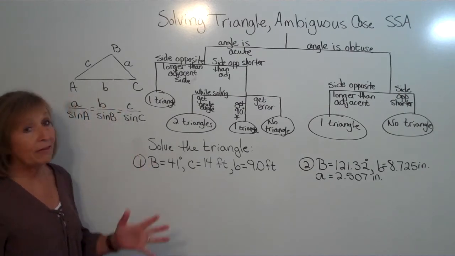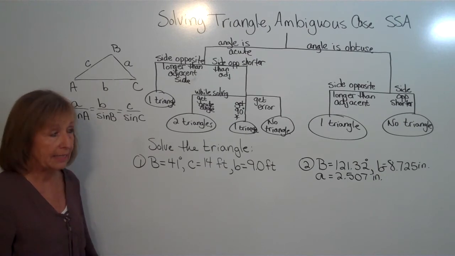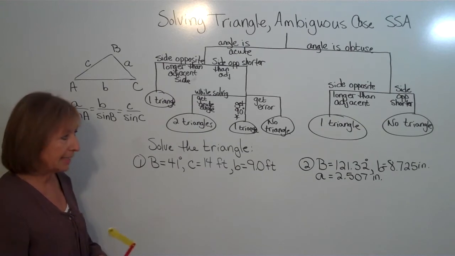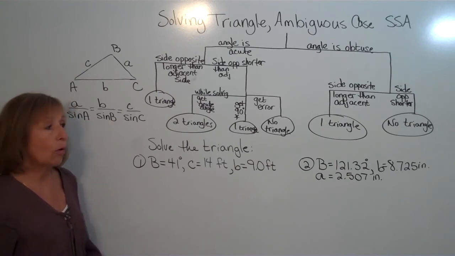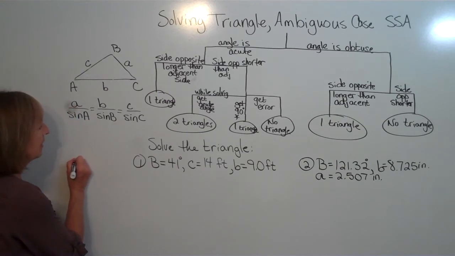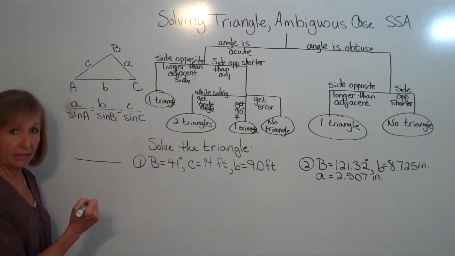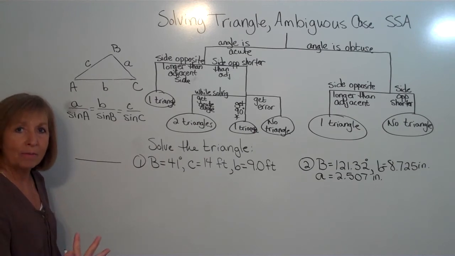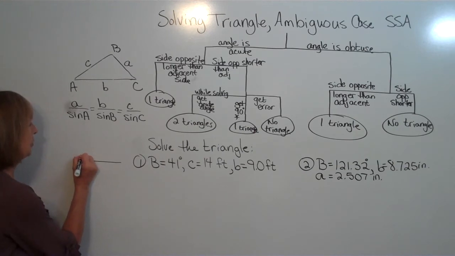Now, trying to figure out what the scenario is. When you have two sides and an angle, and you've realized it's the ambiguous case, you always want to put one of the sides you don't know horizontally. And then off of that, eyeball the measure of the angle that you do know. So that's going to be your angle that you know.